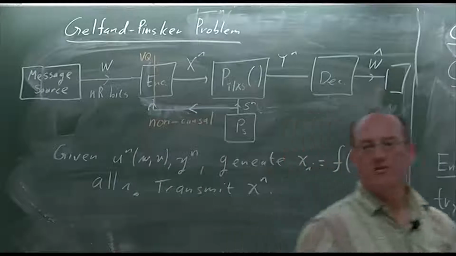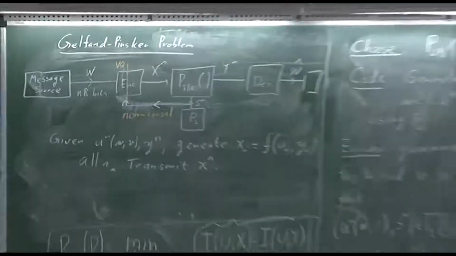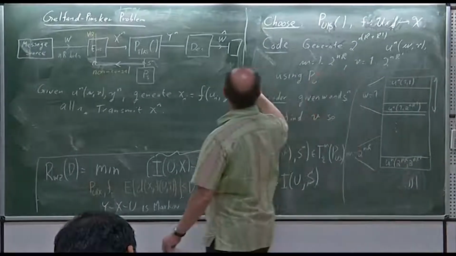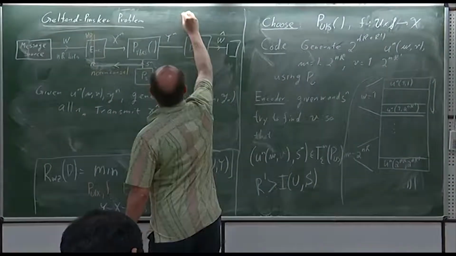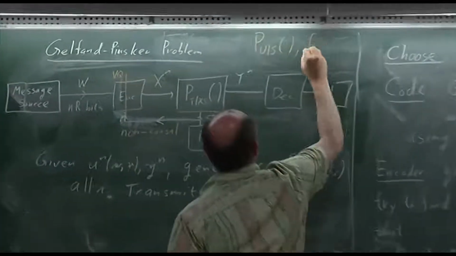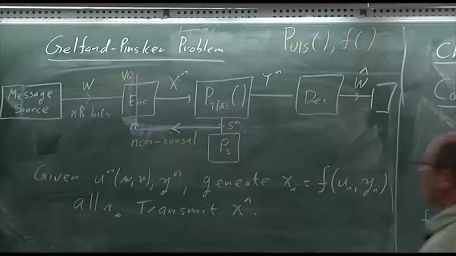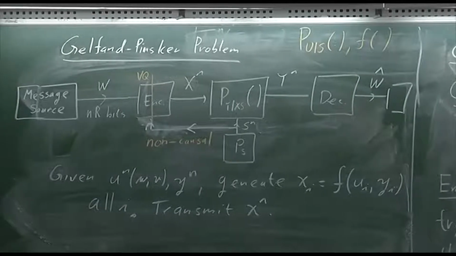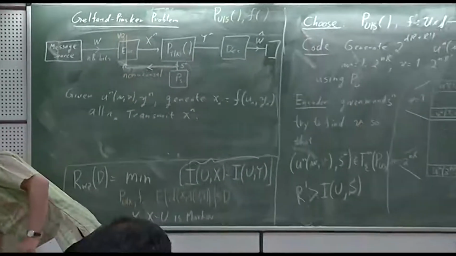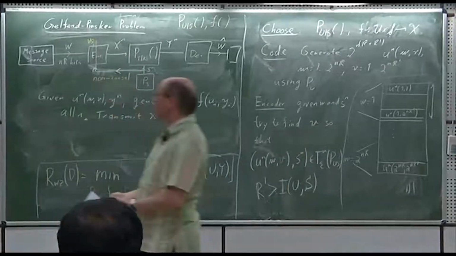That's what we send over the channel. Okay? So again, we have two things to design, right? P_U and f. And everything I'm developing now is valid for any choice of these two. Okay? And then afterwards we'll optimize those when we look at some examples.